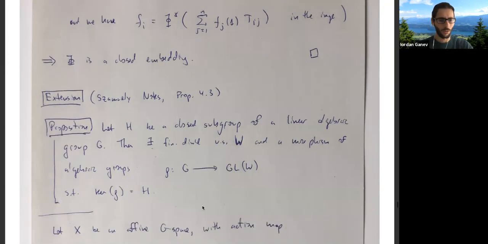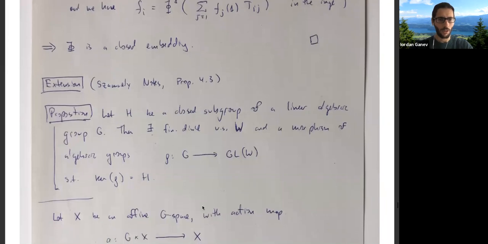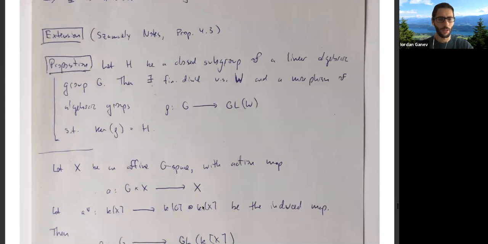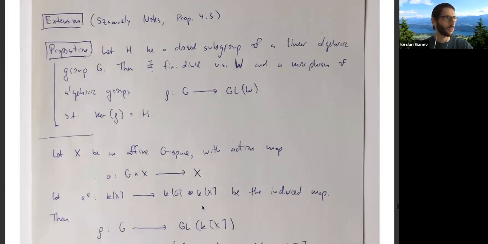Okay, so I want to mention a few more things related to what we were talking about. We were thinking about this rho, which is really coming from the left multiplication action, or I guess right multiplication action, of G on itself. But some of these facts are true for more general actions. So let's suppose we have an affine G-space.